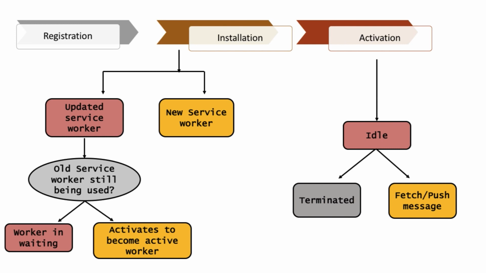If it's an updated service worker, you cannot push it to the activation mode until all the pages associated with the previous service worker are closed. If they're not, it goes into the waiting state. If they are closed, then you go to the activation. On activation, it's idle until you have a network request on which subsequent pages might load, and if not, it terminates to save memory.